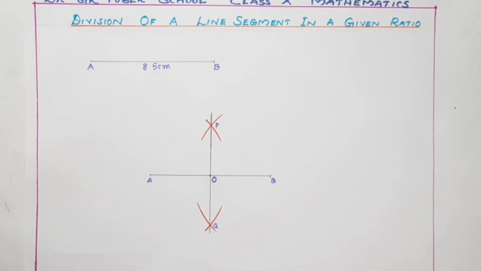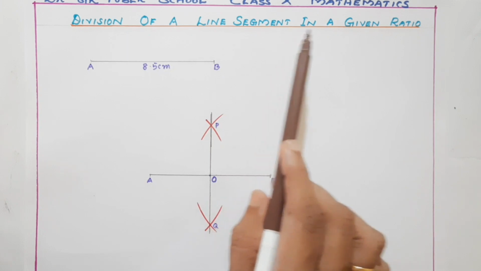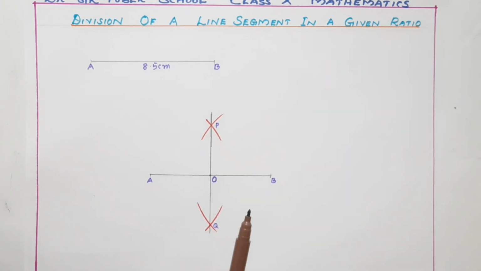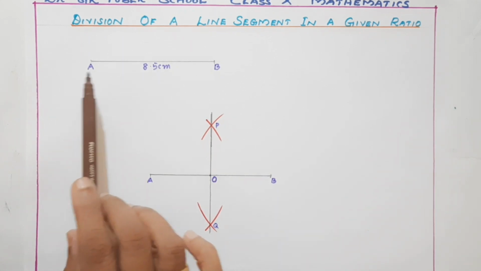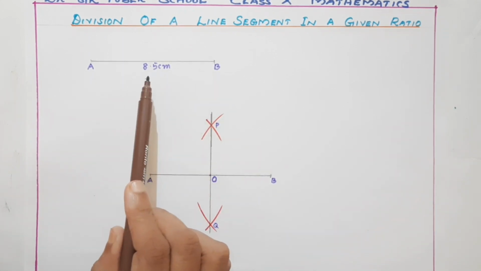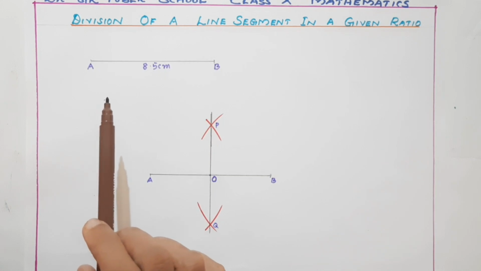See children, we are going to study how to divide a line segment in a given ratio. First of all let me explain this one. Here is a line segment AB of length 8.5 centimeter.